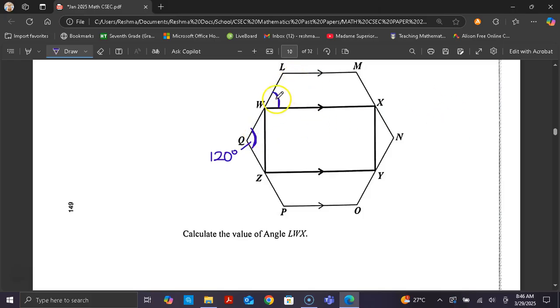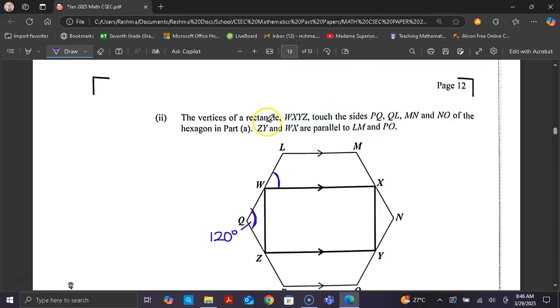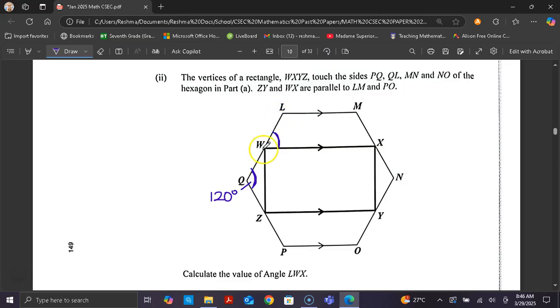All right, so if we just look at this part here, and they told us that the vertices of the rectangle touch the sides of the hexagon like this, then we can say that this side, LQ, which would be 8 centimeters, this point W would actually cut the side in half.